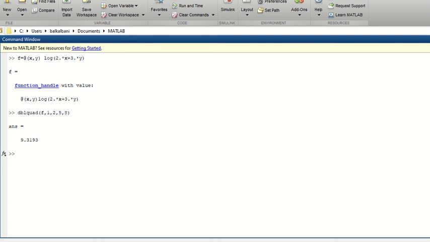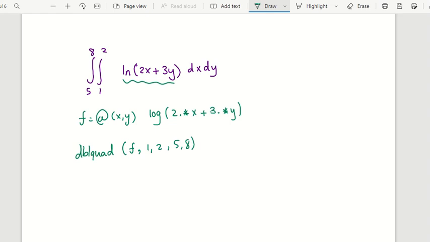We add this dot if there is a multiplication, at the beginning. And also if there is a division, like for example numbers here, we add dot divide. And if you have a power, for example y to the power 2, we say dot to the power 2.